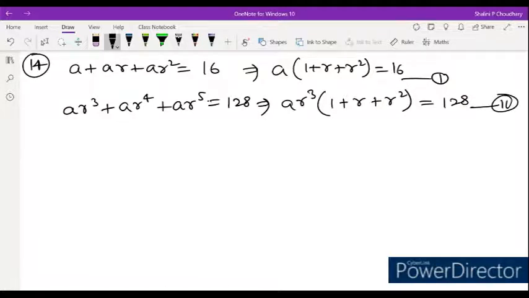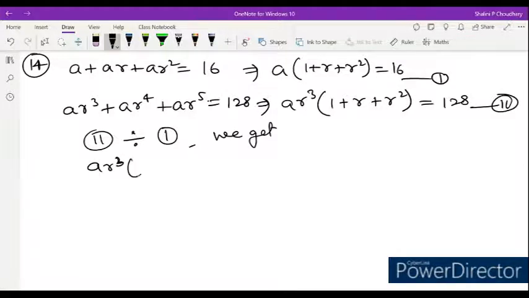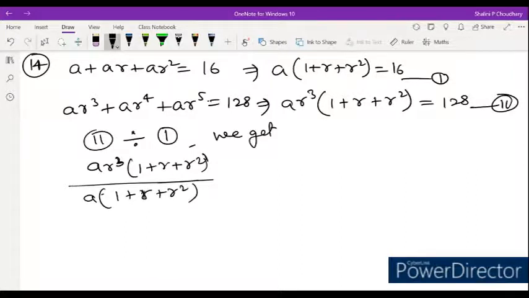Now we divide equation 2 by equation 1: ar cube into 1 plus r square divided by a into 1 plus r square is equal to 128 upon 16.